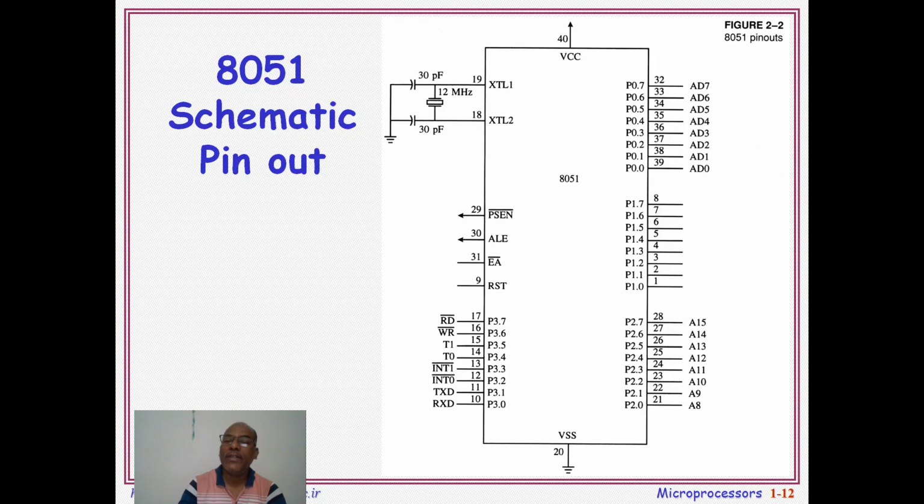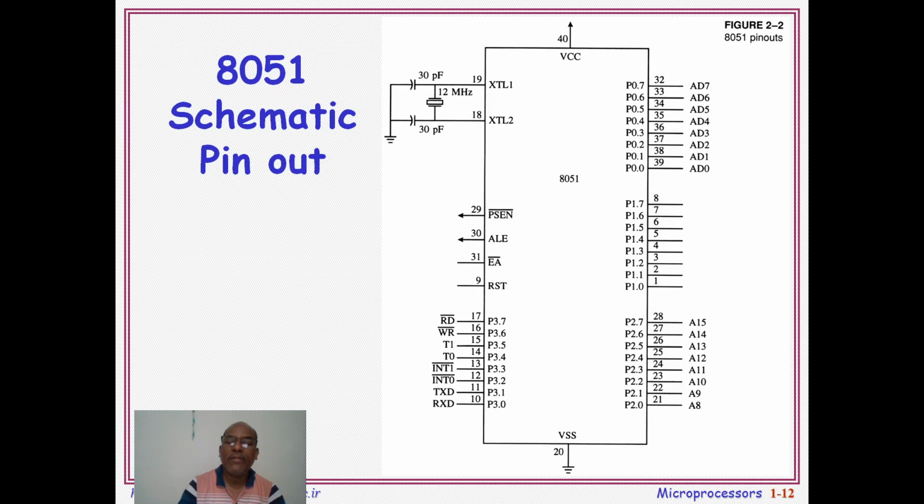That means sometimes it is used as an address bus, and sometimes it can be used as a data bus. It uses port 1 from pin number 1 to 8, P1.0, P1.1 to P1.7. It again uses port 2 from pin number 21, 22 up to 28. In this port, we can connect directly for addresses, that means A8, A9 up to A15.